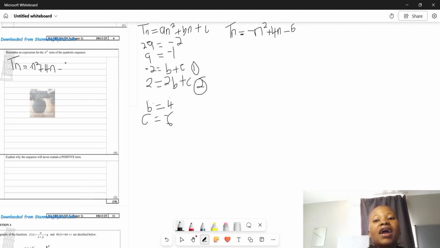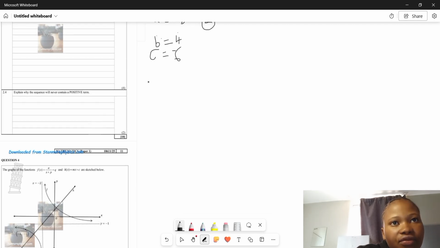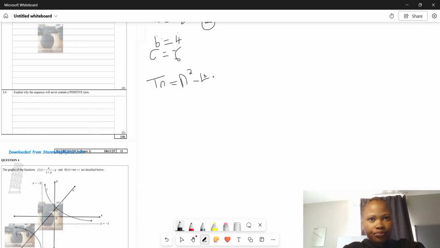We need to find the T max, the maximum term of our equation. Okay, so we are going to say Tn is equal to n squared minus 4n minus 6.